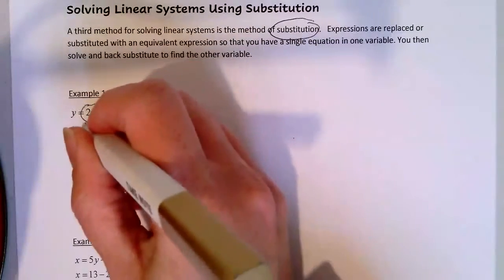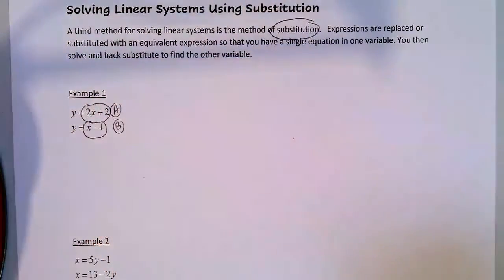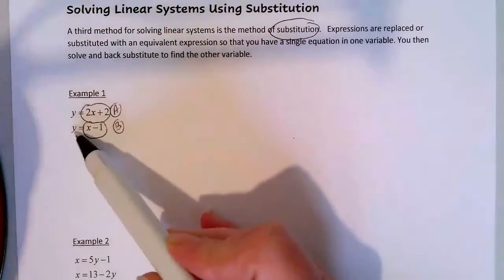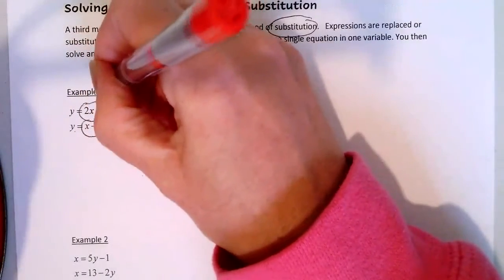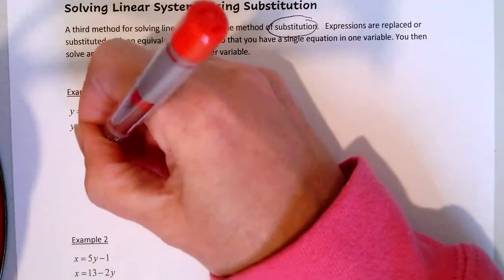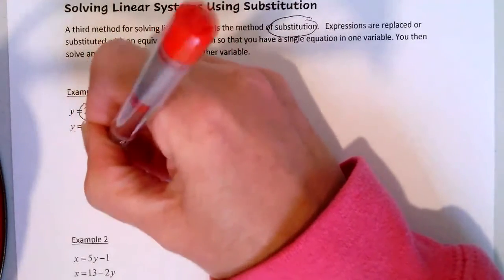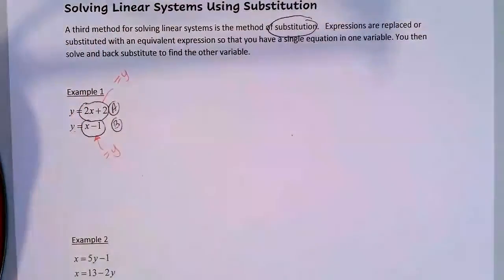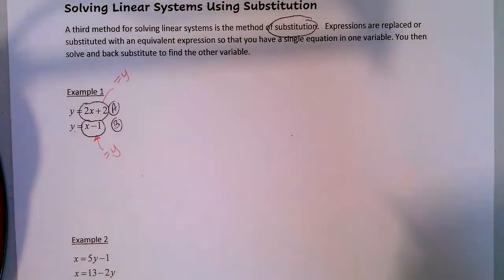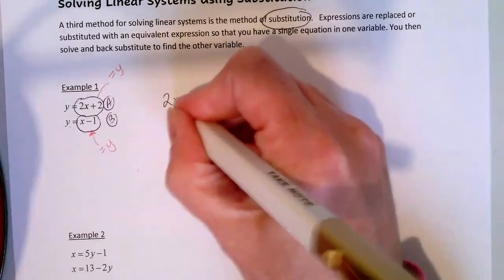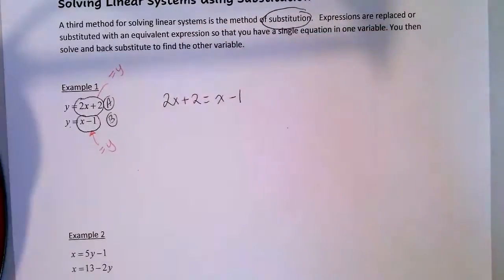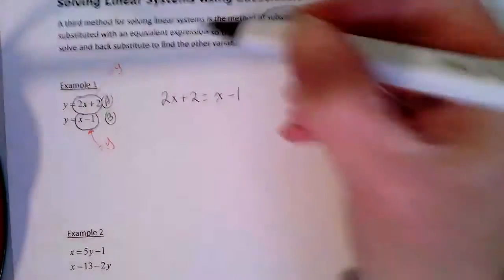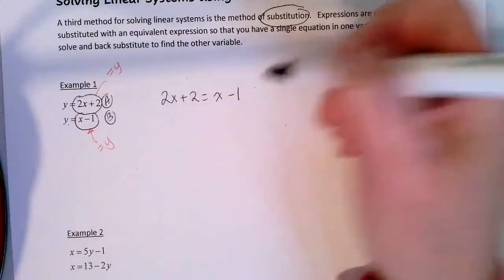And if you look at the second equation, we have x minus 1 is also equal to y. So this here equals y, and this here is equal to y. So if they're both equal to y, are we then not allowed to say 2x plus 2 must equal x minus 1? Because this is y and this is y.